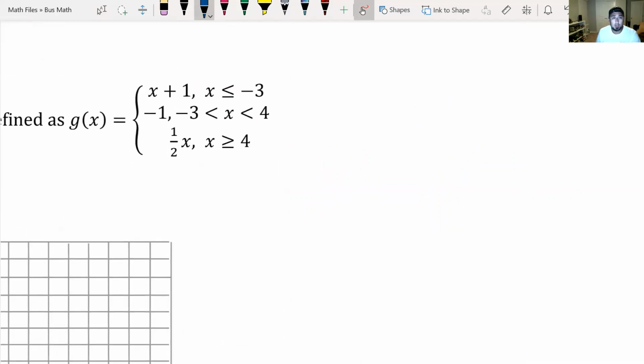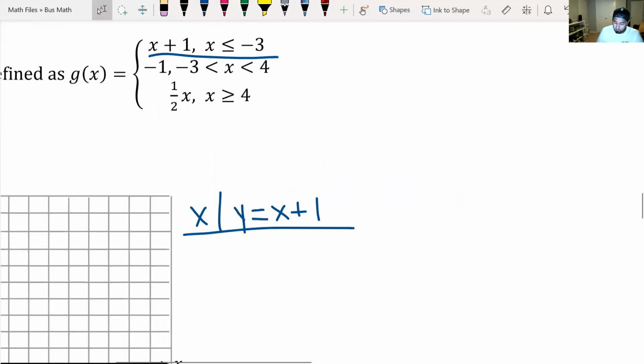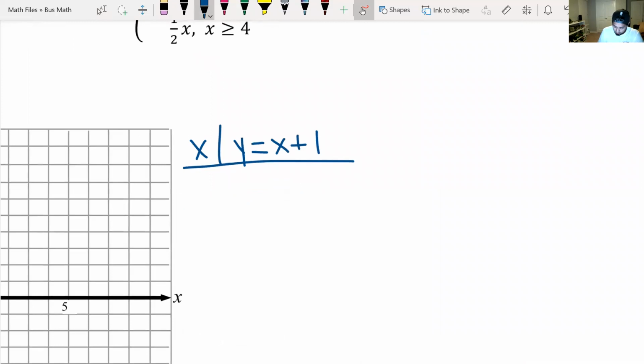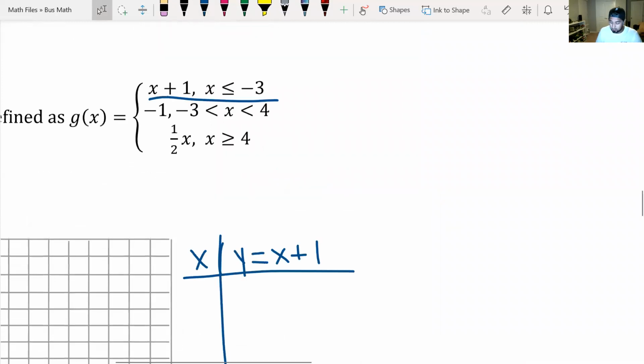All right. G of X is equal to X plus 1 for all values of X less than or equal to -3. So we'll start with that one. Same method. And we can only use this if my X values are less than or equal to -3.